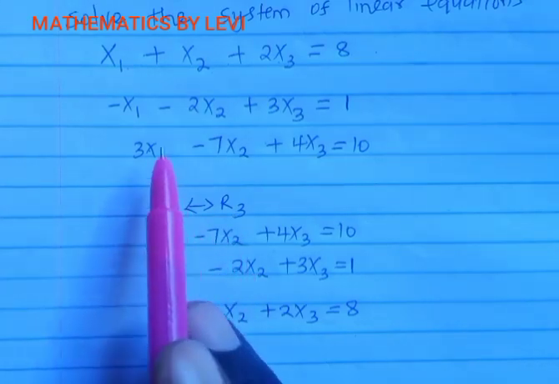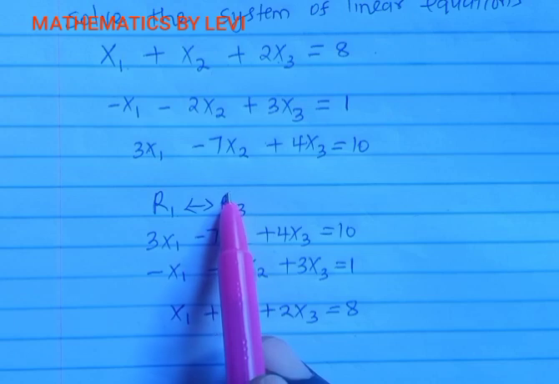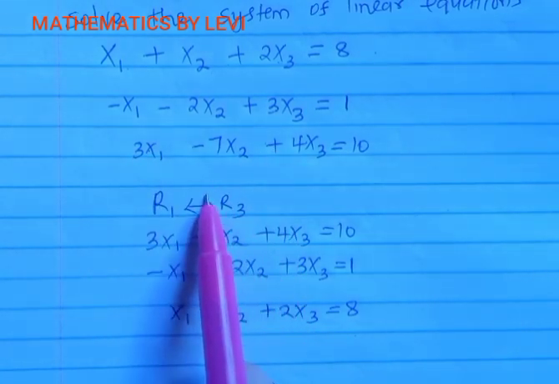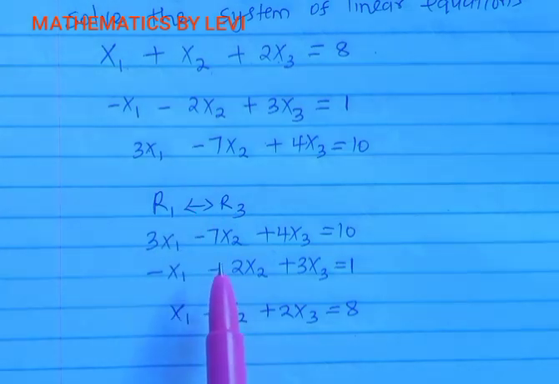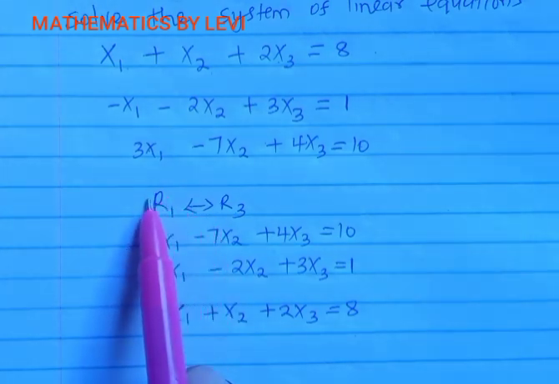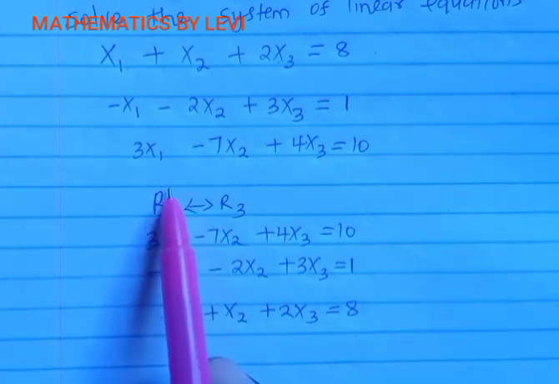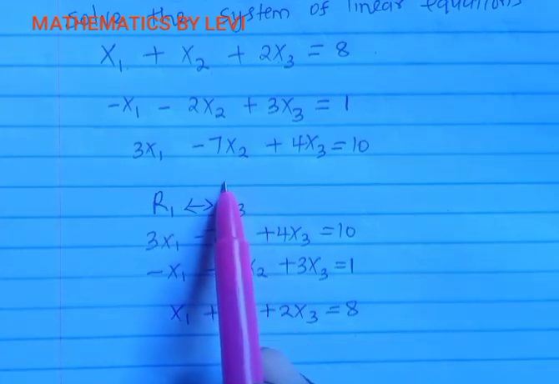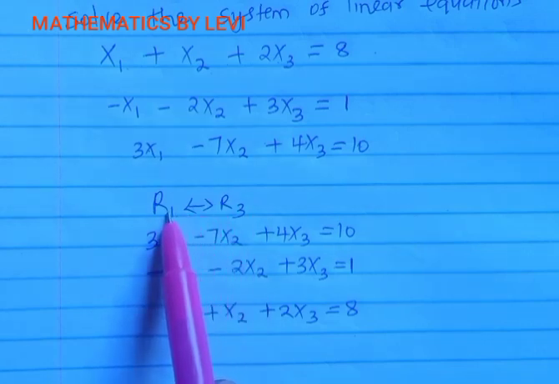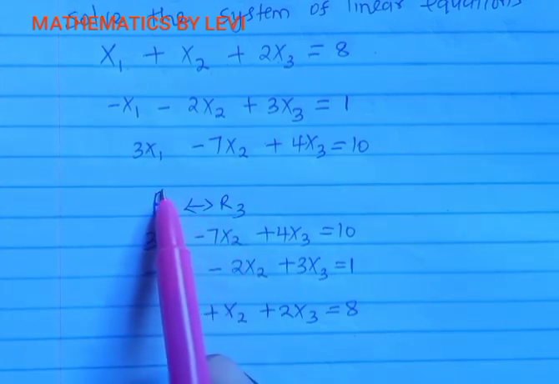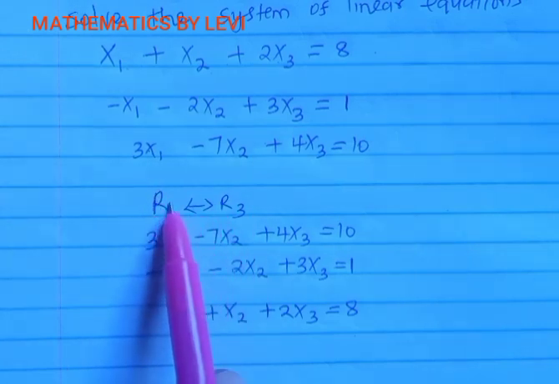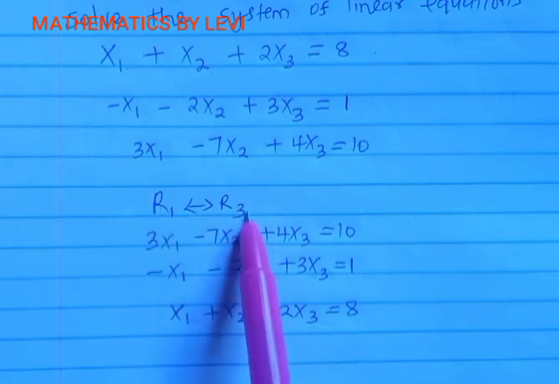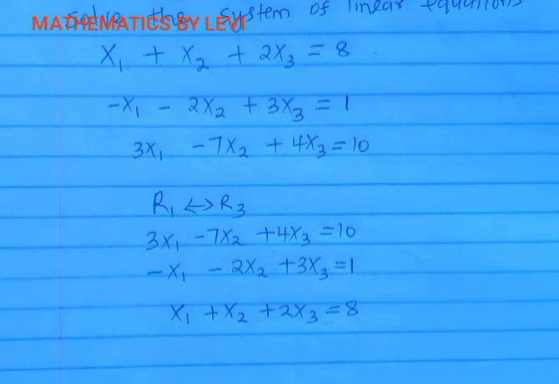R1 denotes row 1 and R3 denotes row 3. Swapping means interchanging the positions. Instead of writing the first equation in the first row, I write the third equation in the first row, and I write the first equation in the third row. That is the meaning of swapping.